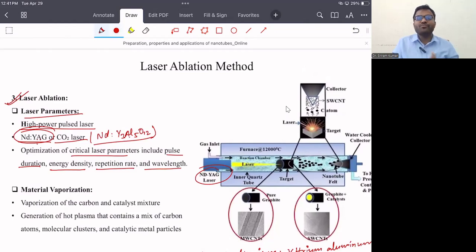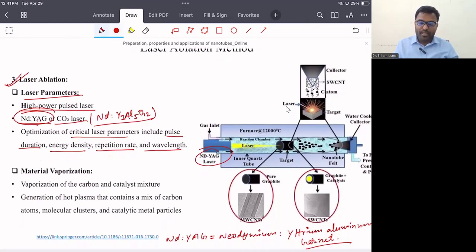Whenever we use the laser to vaporize the target material, we need to optimize these important parameters.